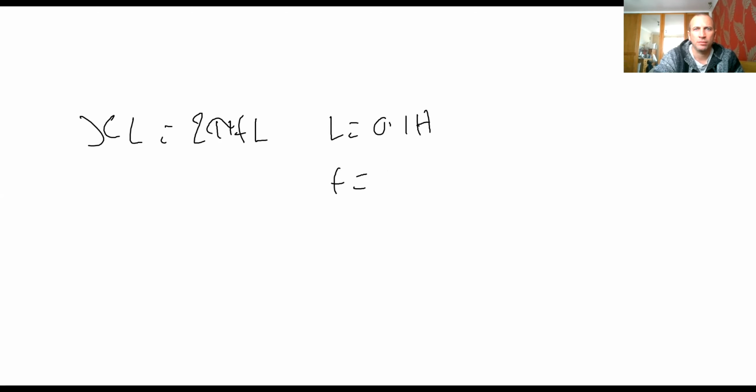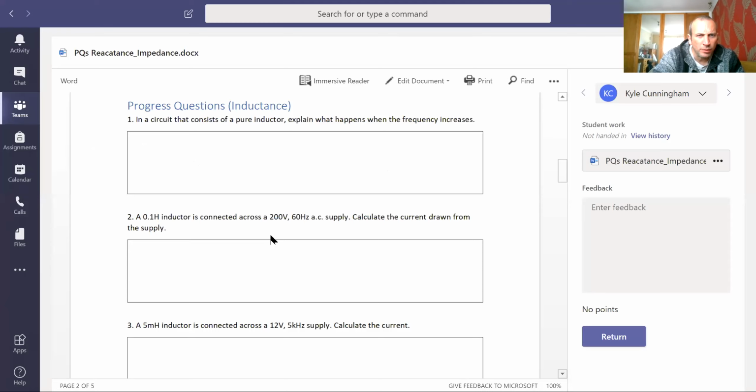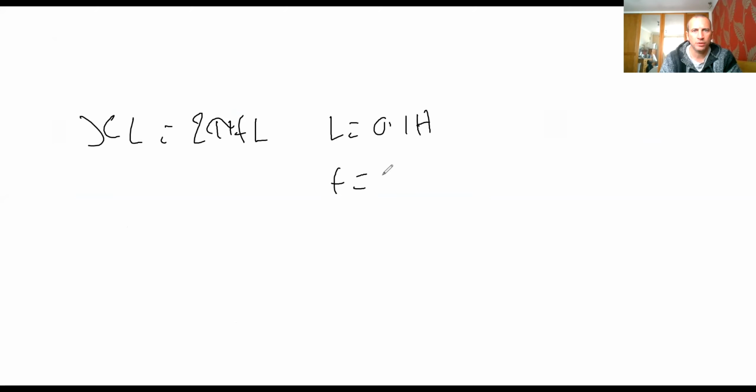Let's have a look. What was it? The frequency was 60 hertz, and it's 200 volts. So don't forget that, Steve. 60 hertz. Right, so F was equal to 60 hertz, and my voltage is equal to 200 volts.